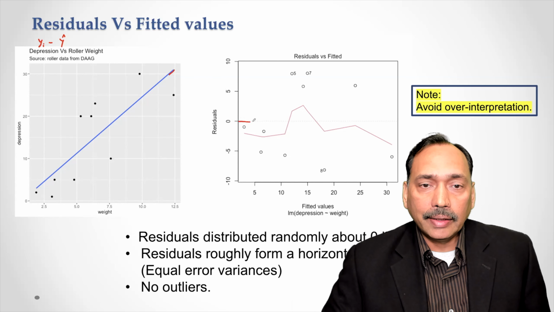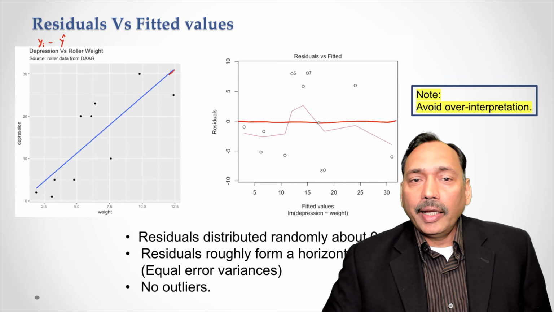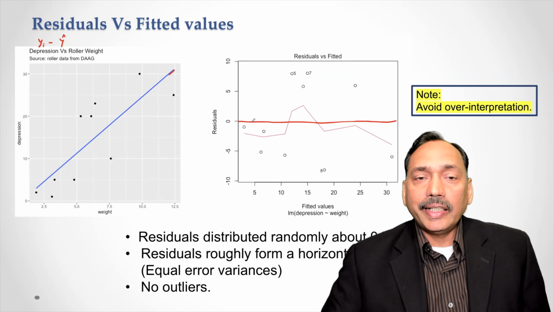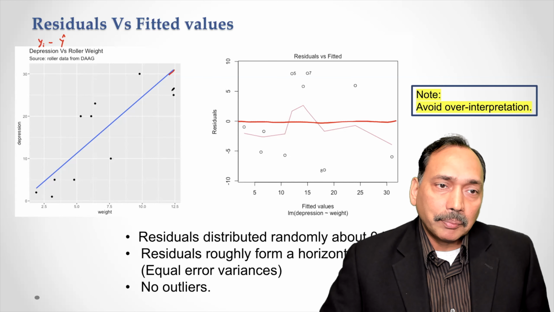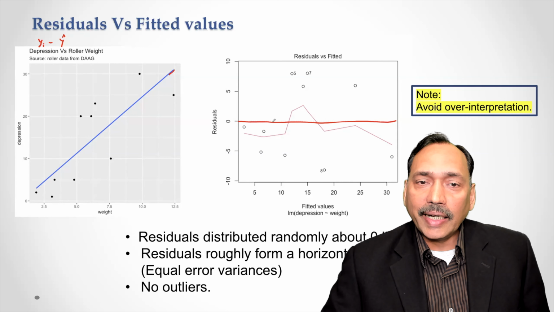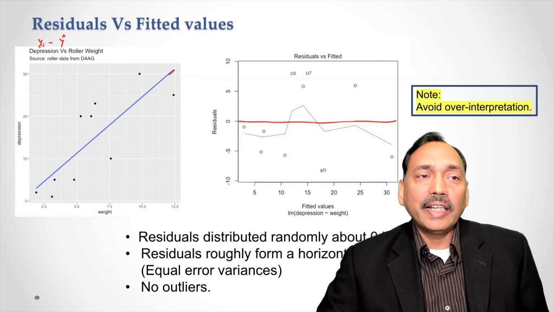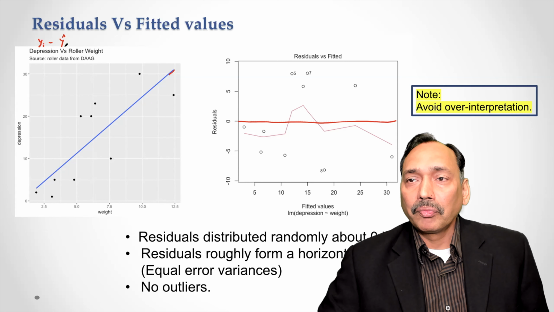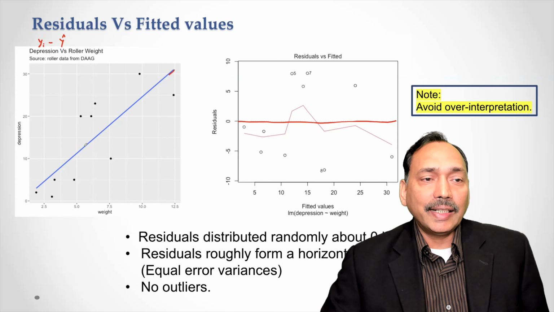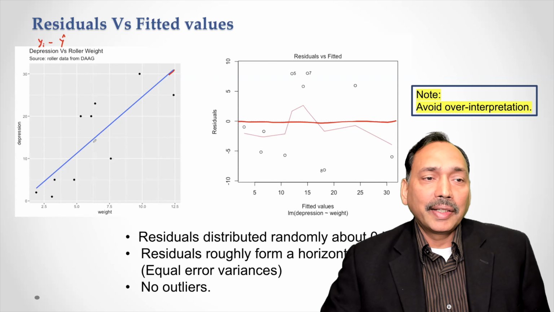This dotted line is the zero line. What it means is if there is a data point which falls exactly on the blue line in the scatter plot, that will fall exactly on this dotted line in the residual plot, because there is no error. Y minus y hat will be 0. For any data point that is exactly on the blue line in the scatter plot, error is 0.